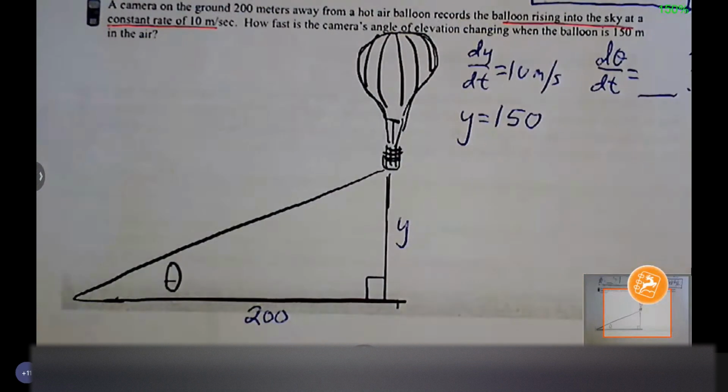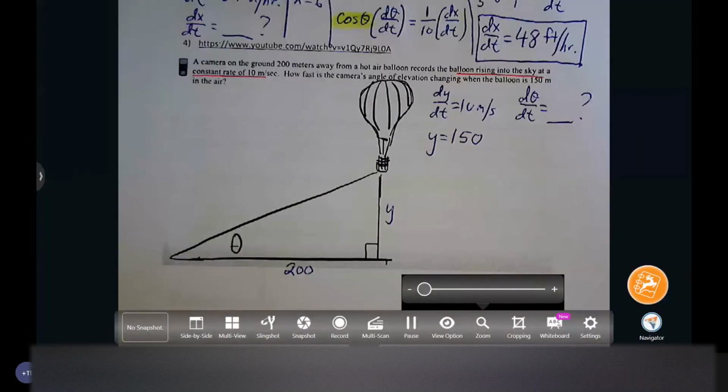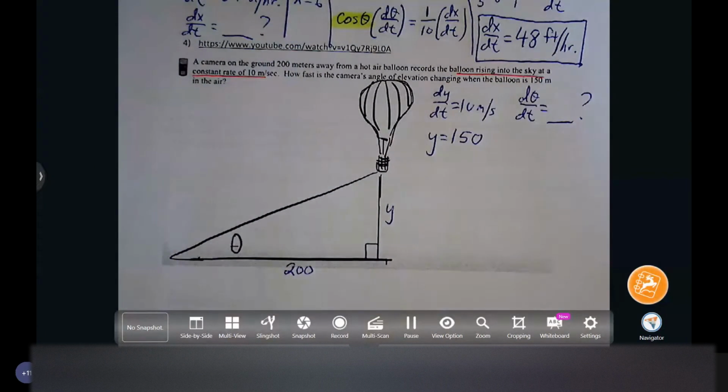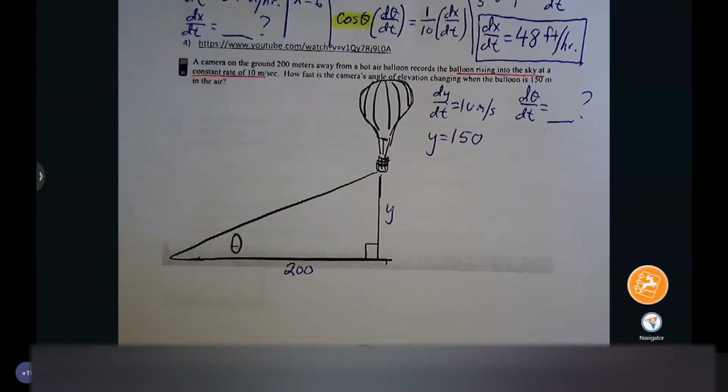All right, we should have enough information. Look at your diagram, decide which trig equation you want to use, and then start working your way to your answer. I'll come around and check your progress.